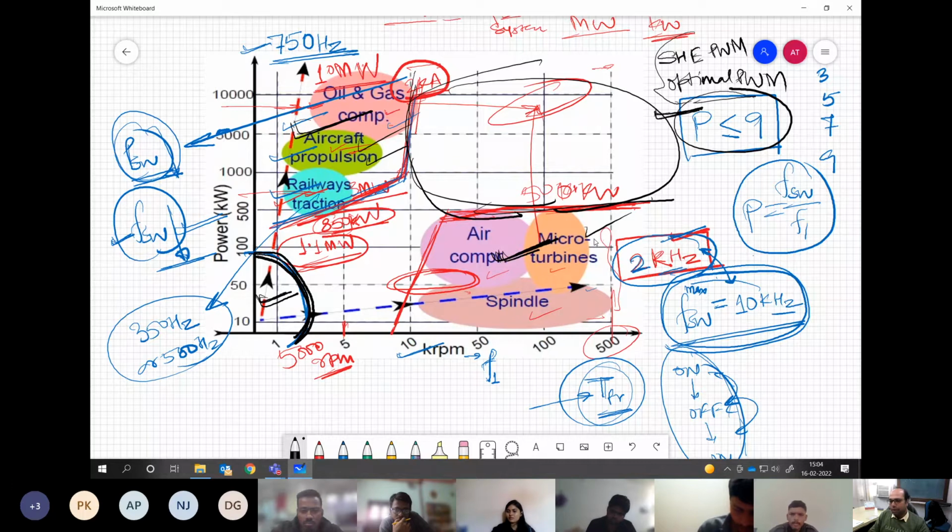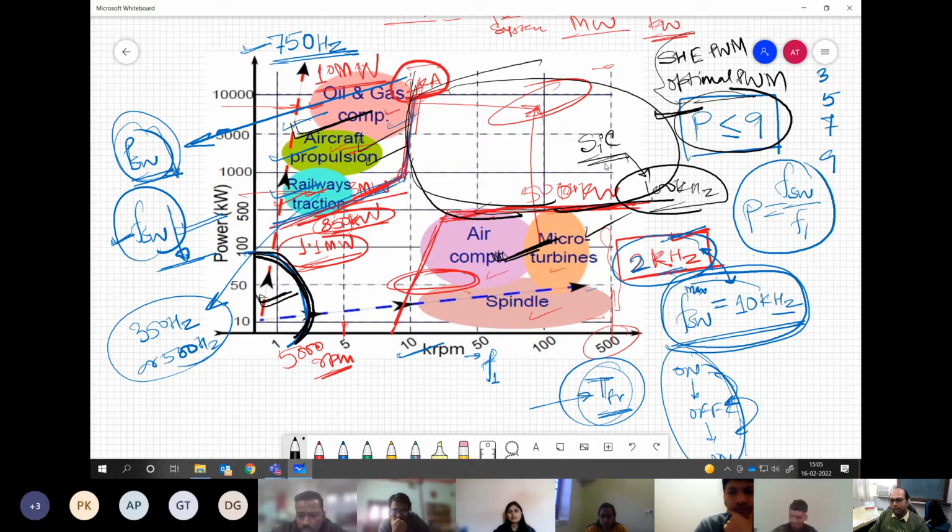So any of this condition is satisfied, we need to have this kind of pulse width modulation technique. Now someone may ask why not we are having high switching frequency devices, let's say silicon carbide or gallium nitride and all that. Yes, that technology is coming up, but still it has not reached the maturity level of IGBT. It is still a little bit far from there. So yes, researchers are developing, but as we are developing better devices, say silicon carbide or something which can go up to 100 kilohertz of switching frequency, we are finding many different challenges for this as well.